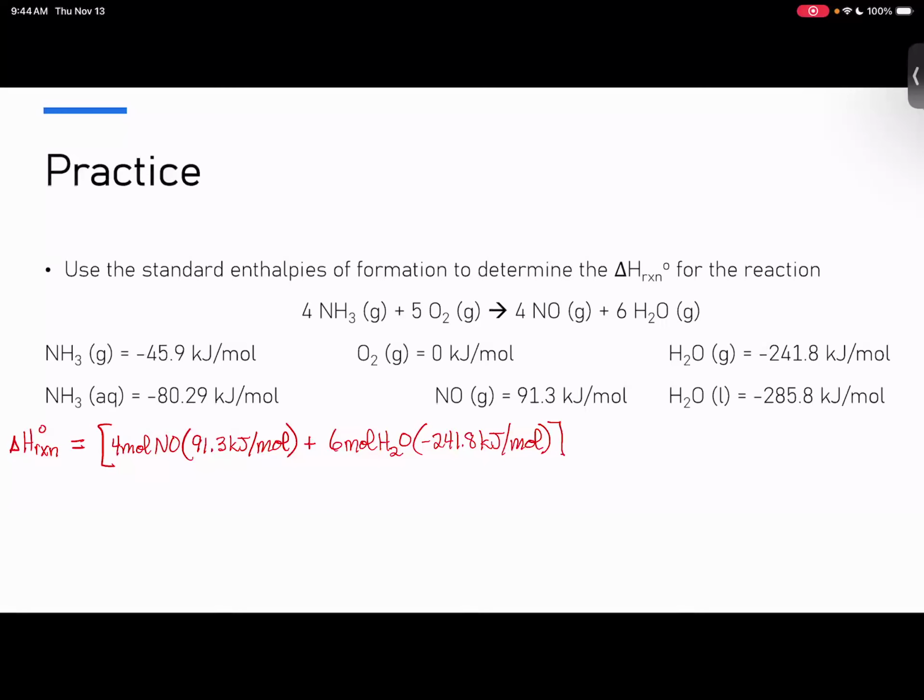That is the final, because that was my products, minus the initial. I have 4 moles of ammonia in gas form times negative 45.9 kilojoules per mole, plus 5 moles of oxygen times 0 kilojoules per mole.